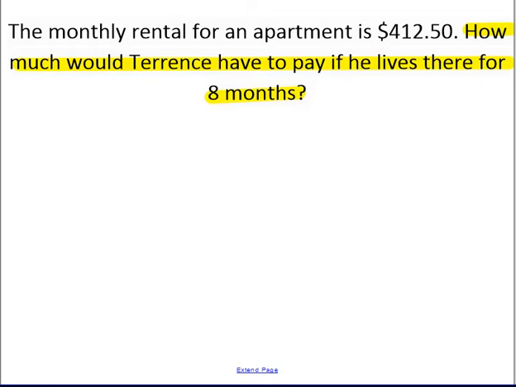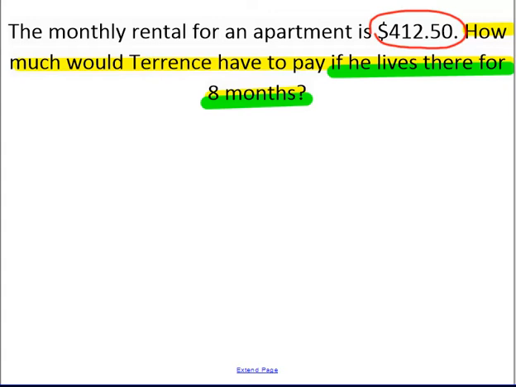Now, where is my keyword that's going to indicate to me my operation? Well, I'm going to highlight if he lives there for 8 months because that tells me repeated addition. That tells me that I need to take this amount and do it 8 times for the 8 months.